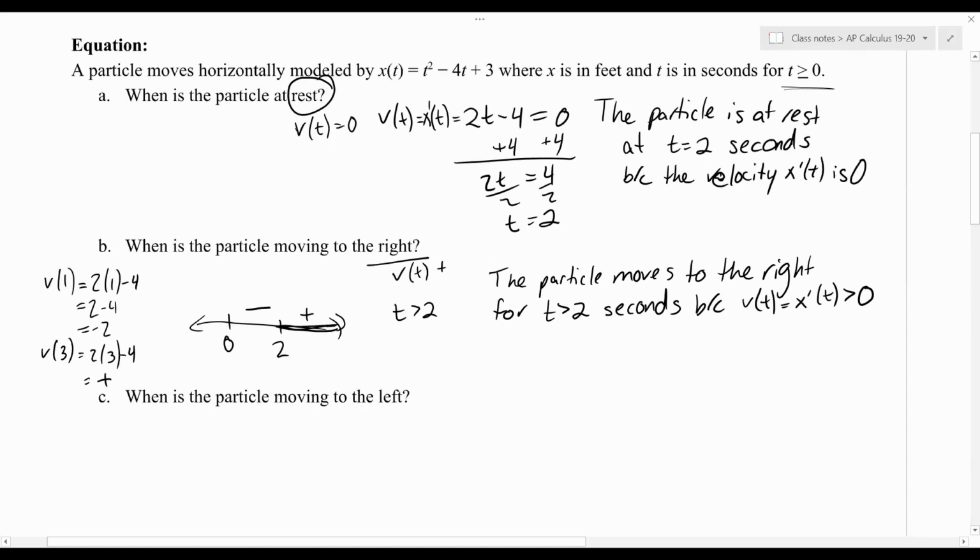And to find when it's to the left, well, we're just going to use this negative part.